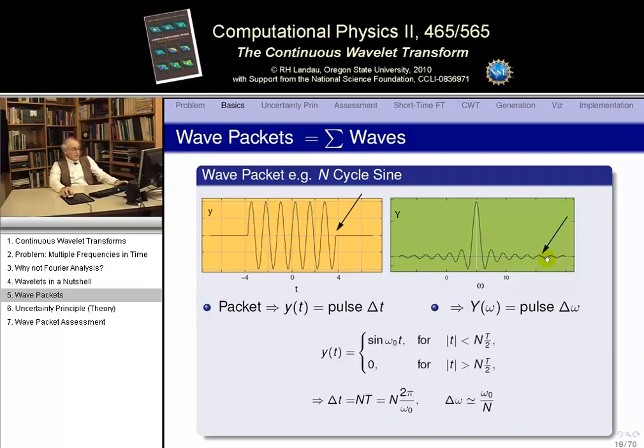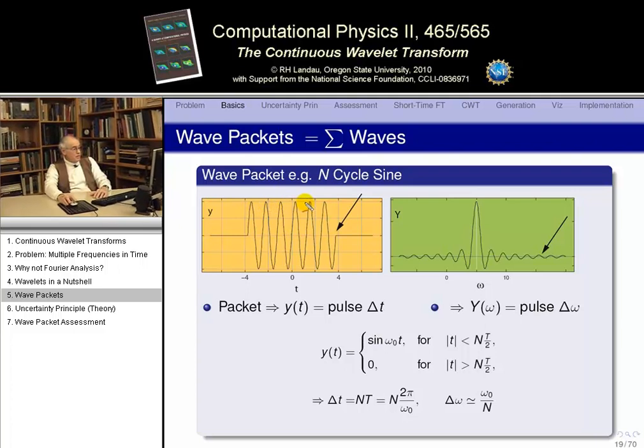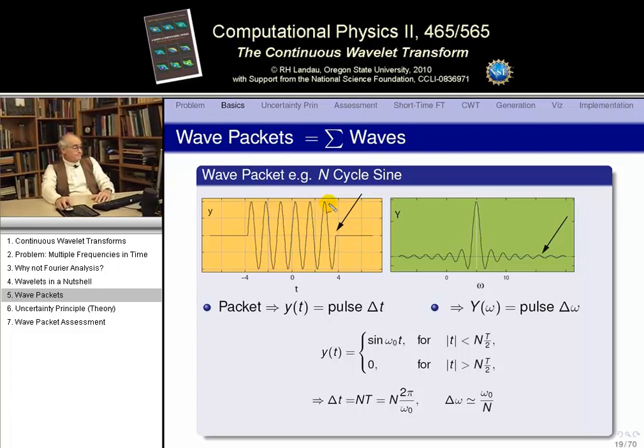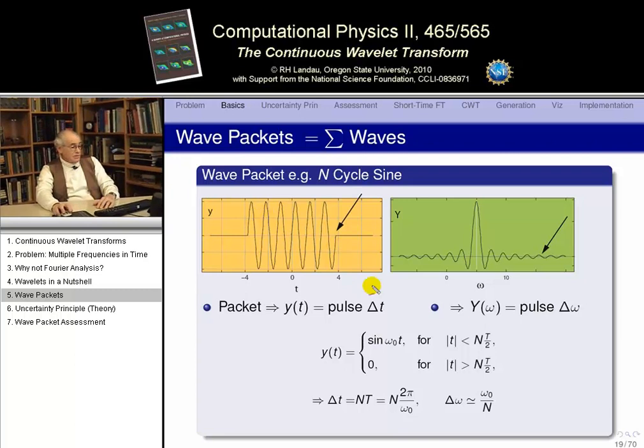So specifically, it's a sine wave for n periods. N is some arbitrary number here. Here it's 1, 2, let's see. This is 1 period, 2 periods, 3, 4. This is 5 periods. Okay? And each period is some time T. So we know how long it is in time. It has some frequency value as well.